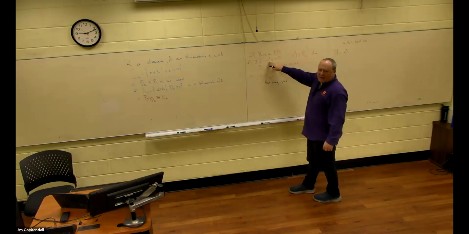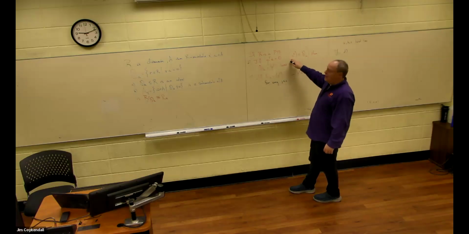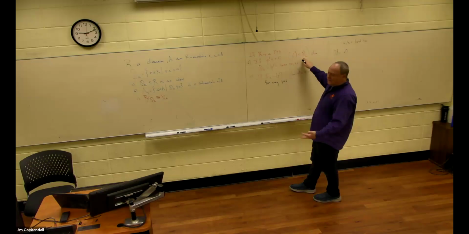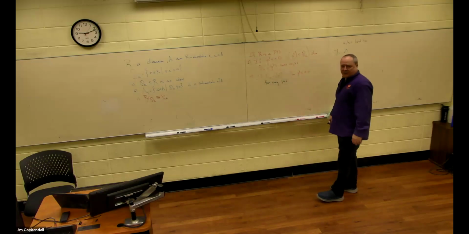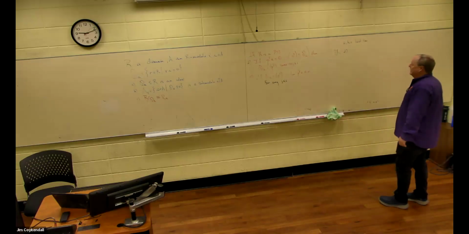Because if p^i a is 0, then any multiple of p^i kills a. And so the ideal generated by p^i must be contained in this, right? Then I claim that this ideal is exactly some prime power, right?